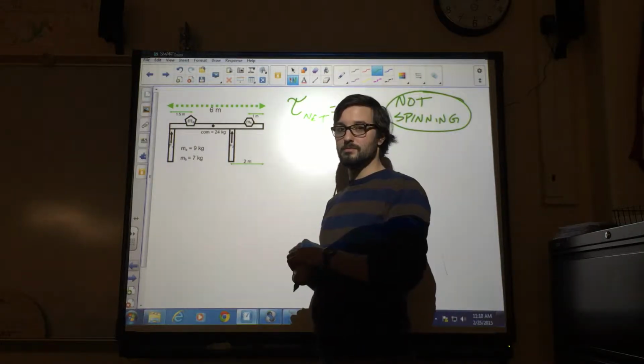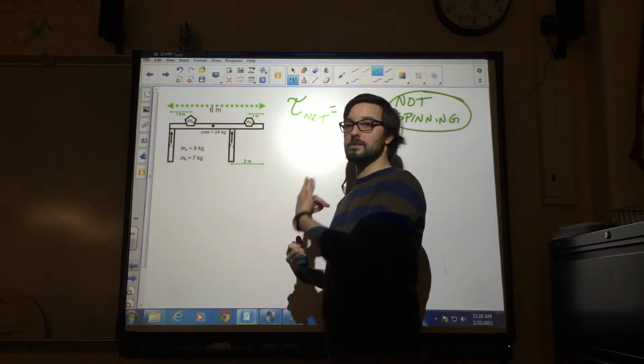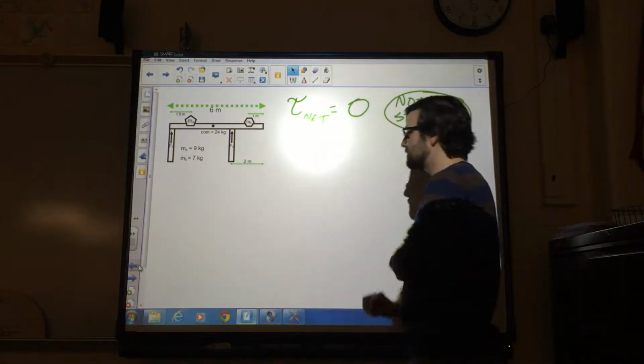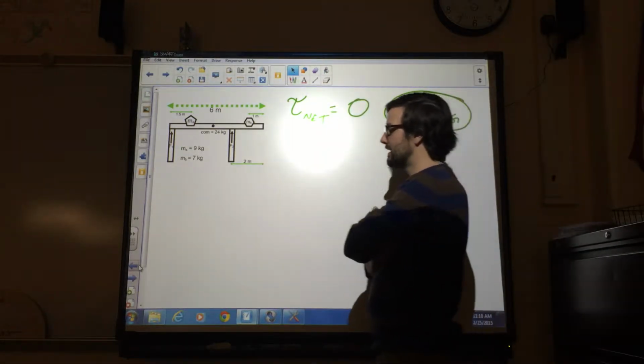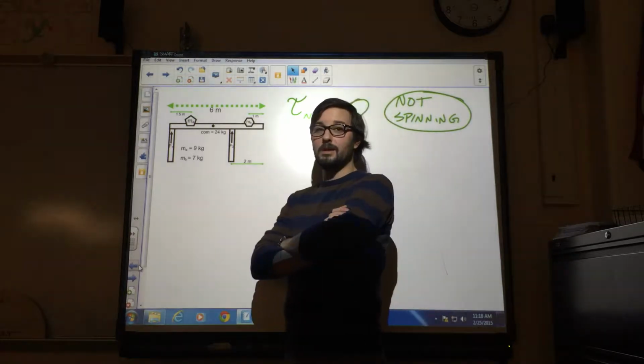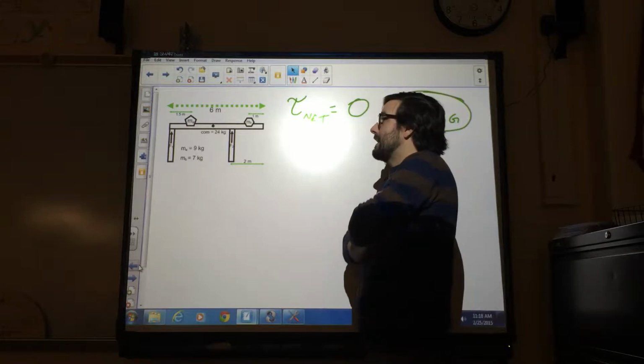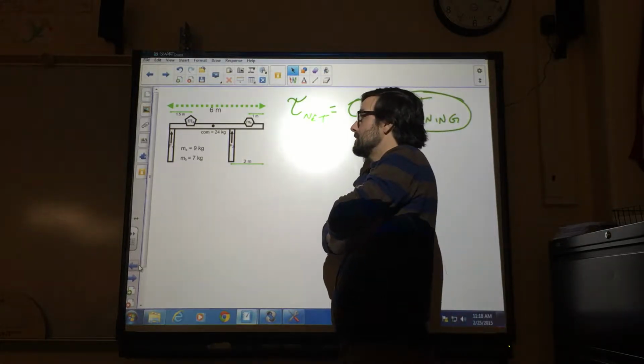So the net torque is 0. So this is going to enable us to solve the problem. So we know it's not spinning, and we can tell hopefully that it is not spinning around any arbitrarily placed fulcrum. So you can place your fulcrum wherever the heck you want. It really makes no difference.